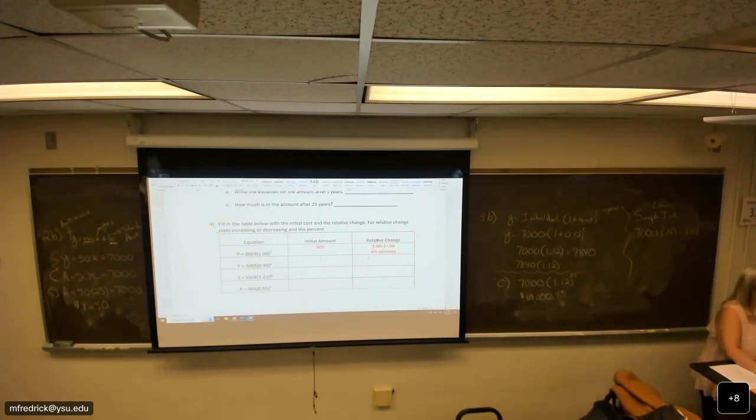So for the second one, what's the initial amount? 400 here. And is it an increase or decrease? Decrease. By how much? If we take the 0.80 minus 1, we get a negative.